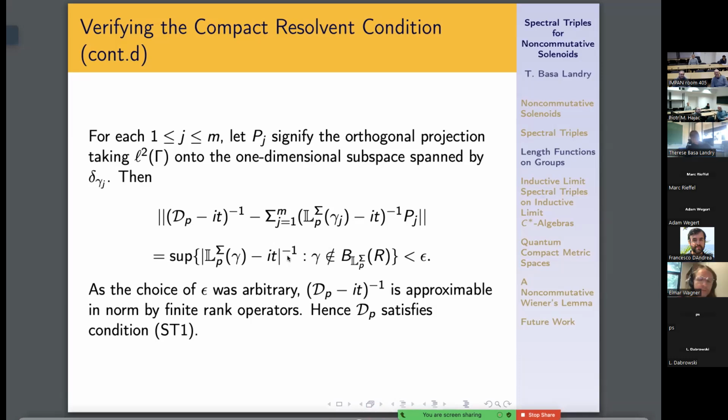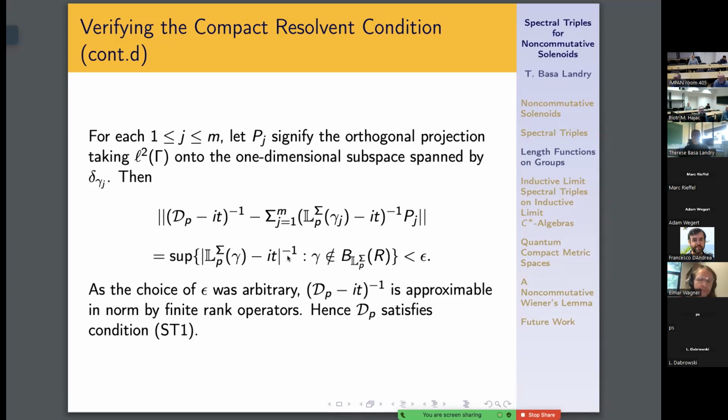But this is one possible choice of many possible choices of L. There probably are other choices of L, but this was one that we showed works.